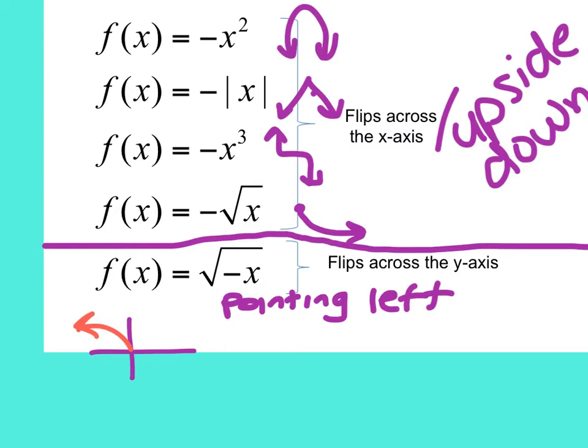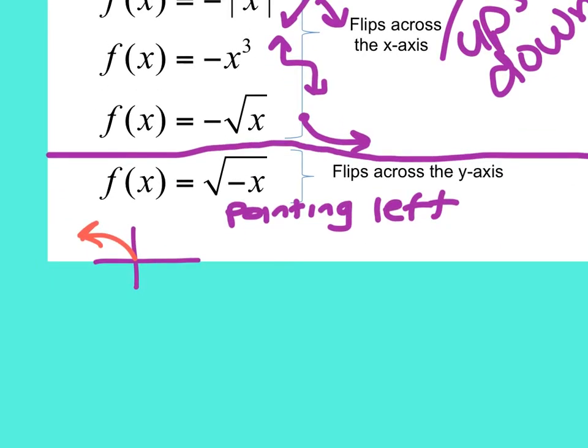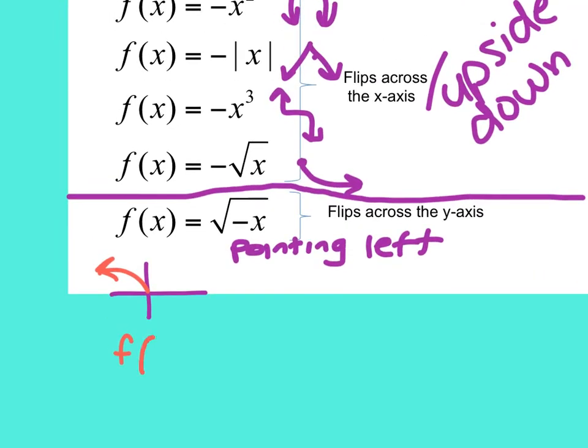Without a horizontal shift, the square root is really, well, I guess I should say the cubic root too, is really the only one that really matters if you flip it. So if I were to do cube root with a negative, normally it goes like this, but instead it goes like this.